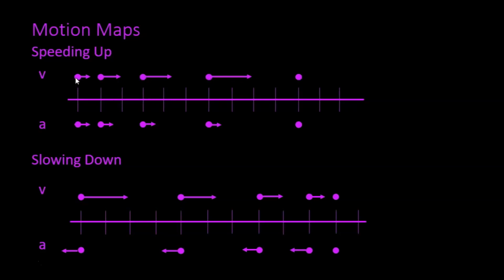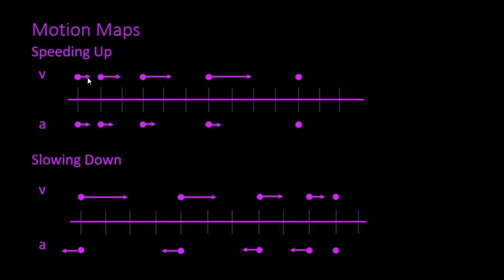So notice between 0 and 1 seconds, it was 1 unit. Between 1 second and 2 seconds, the displacement was 2 units. Between 2 seconds and 3 seconds, the displacement was 3 units. And between 3 seconds and 4 seconds, the displacement was 4 units.